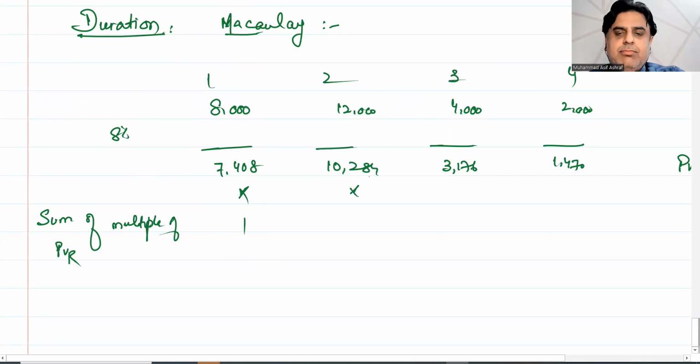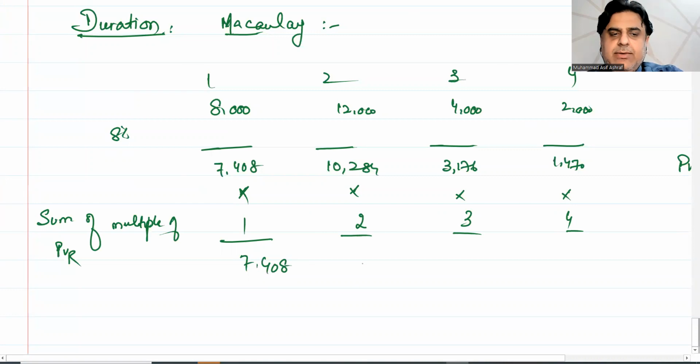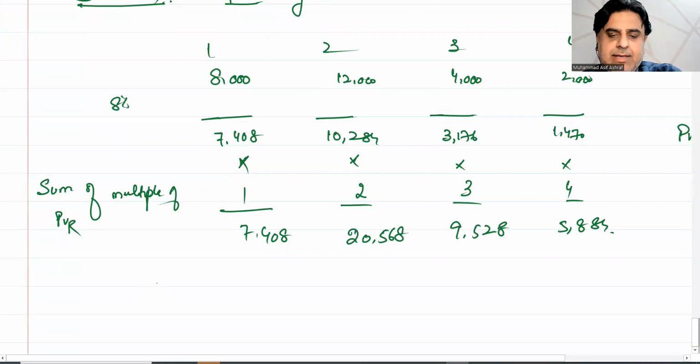This is year 2, multiply the present value of year 2 with 2. Multiply it with 3, 4. You have 7408, 20568, 9528, 5884. Just add them.